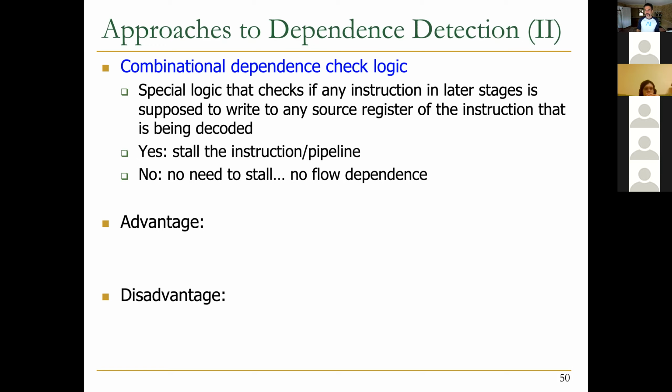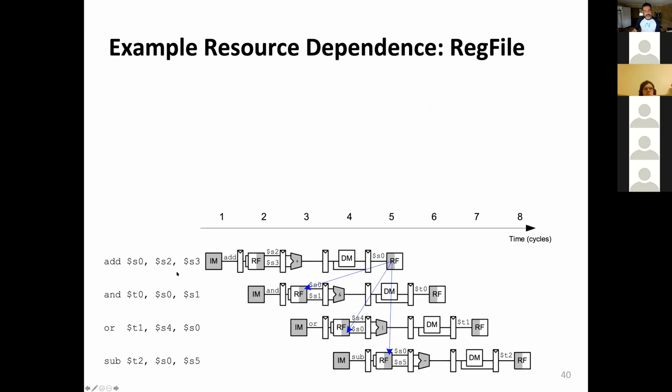And the second one, at some point, let me go back maybe to the examples, so hopefully you recall what I'm talking about. So here, the first one adds S2, S3, putting the result into S0, and then the second, third, and fourth ones needed the value of S0 as one of the two arguments.